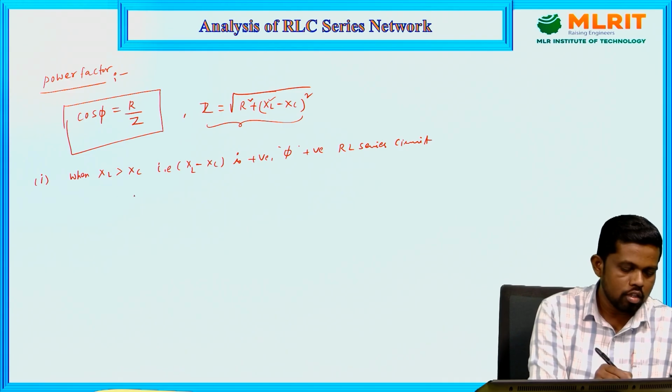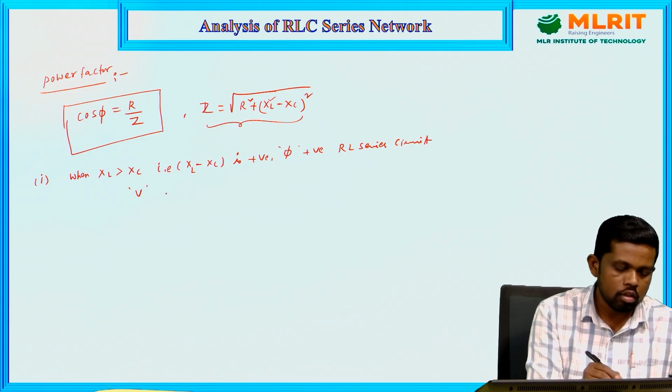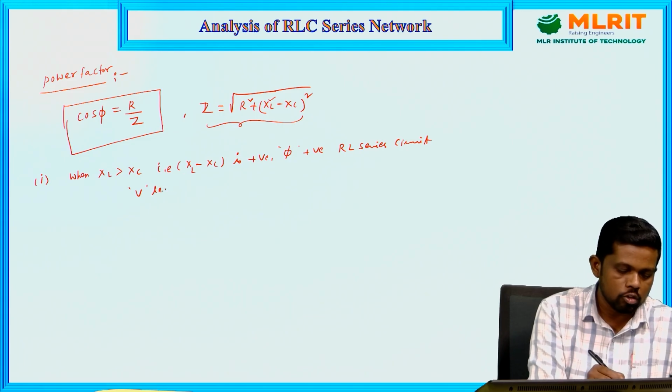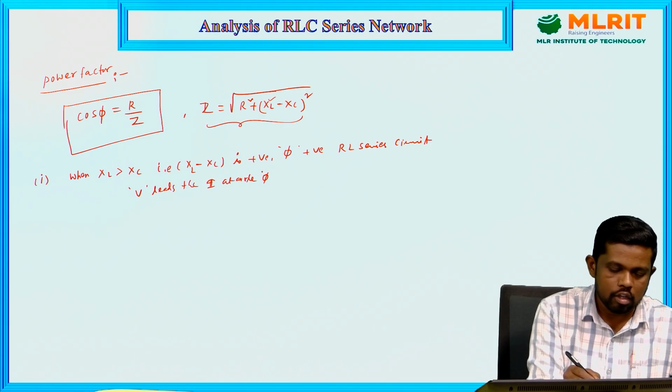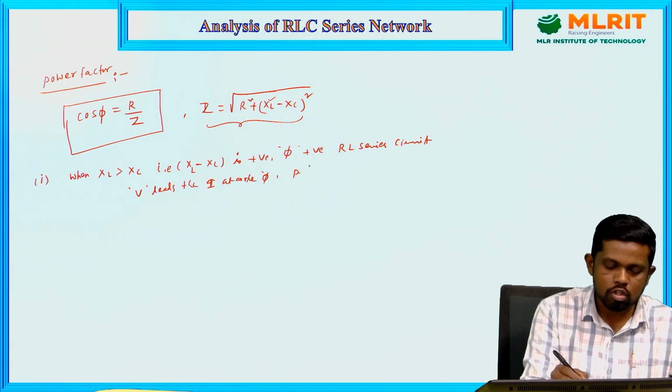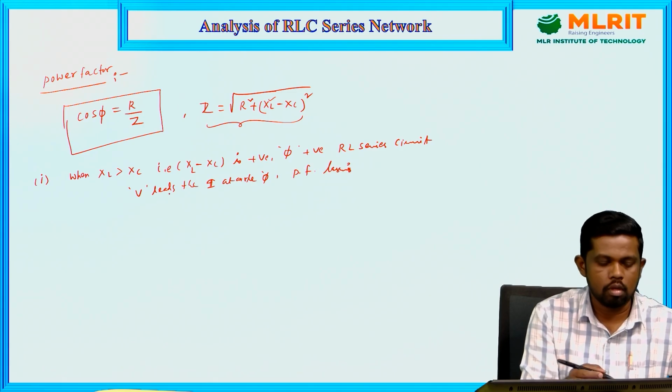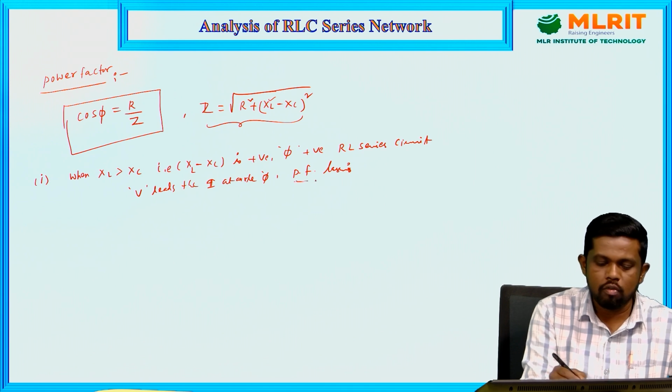So in this case, the voltage and current are such that, as in the RL case, the voltage always leads the current, at an angle of phi degrees. Then the power factor of the system should be lagging. Because the voltage leads, the current lags, that's why the power factor should be lagging.